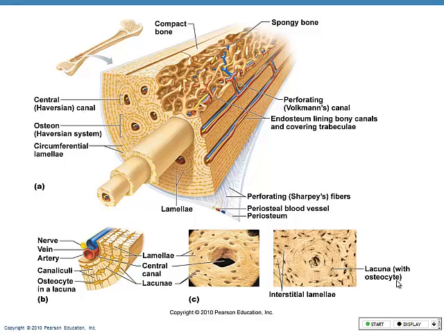And the ones that are going vertically are called... nobody? Central or Haversian canals. Okay? And that's where our rings are going to grow around, those central canals.